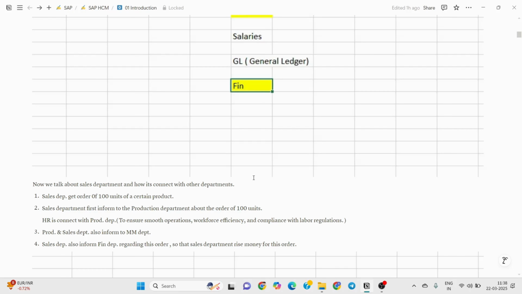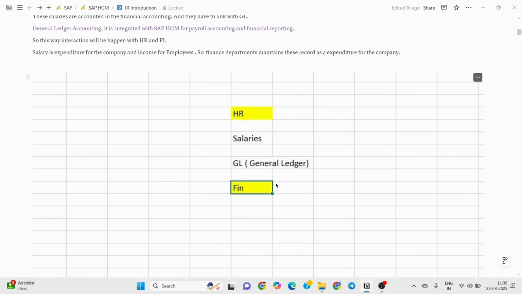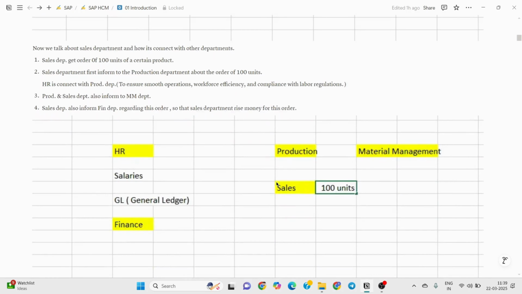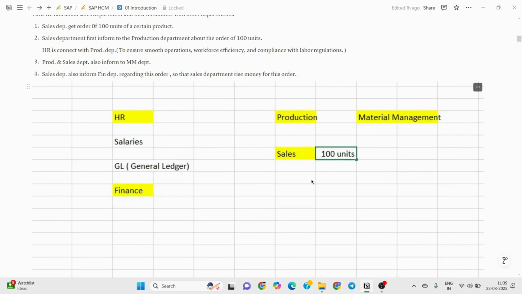Let's take more examples of business functions and understand how those functions are interlinked with HR and finance departments, like the sales department. Suppose the sales department gets an order of 100 units.